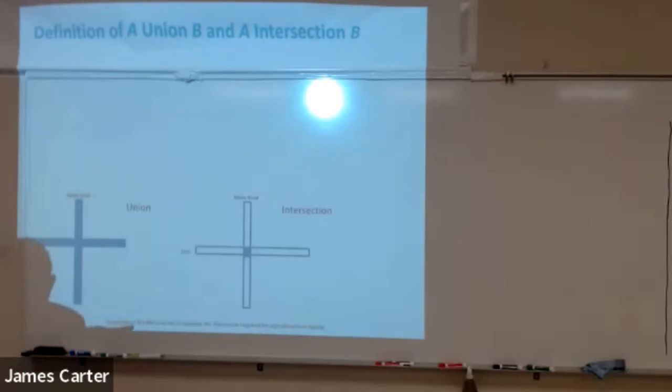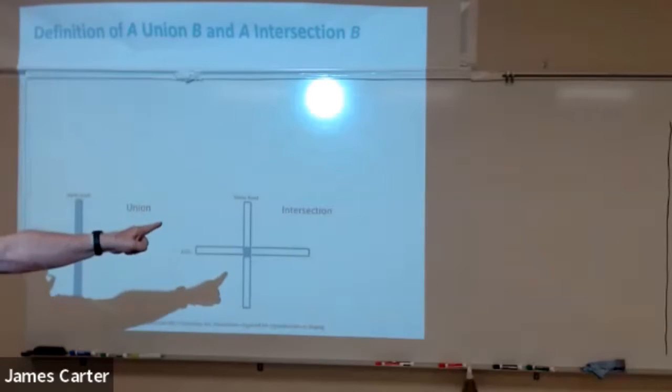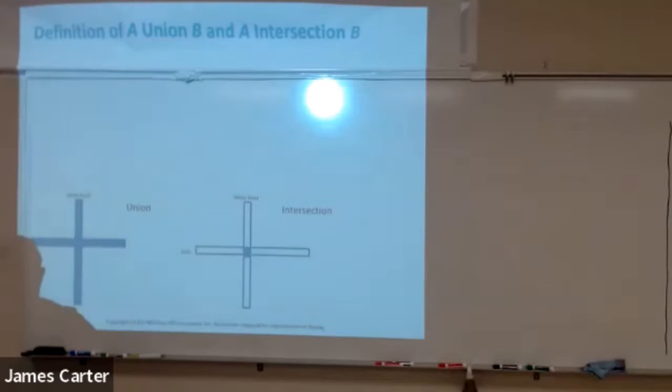Back to my illustration a moment ago. If I just chose this distance between the two endpoints as the inclusive because they overlap, that would be an intersection. That piece out of the middle. Okay?